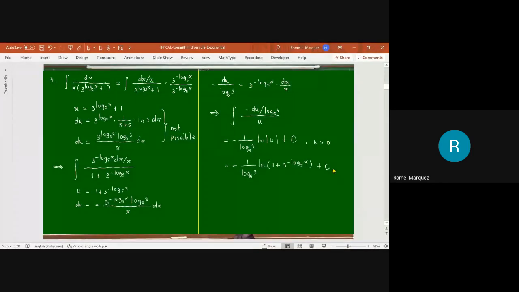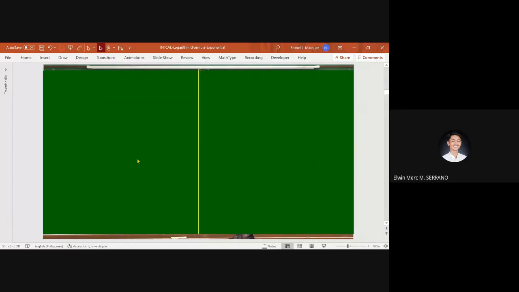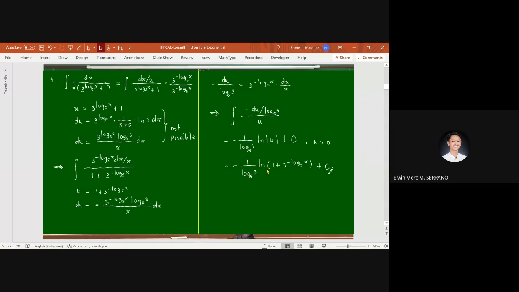A question? Yan, pahirap na ng pahirap. Sir, pwede po maging numerator na lang po yung ln, tapos, overlog na lang po. Bale, po? ln 1 plus 3 log 5x po, over log 5. Negative ln, parang pinag-multiply na po yung sa log, sa 1 over log 5.